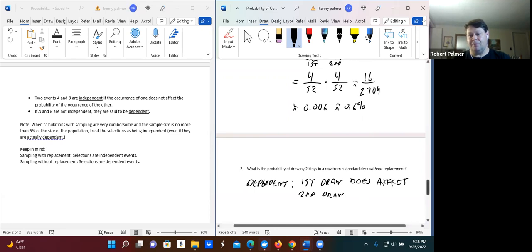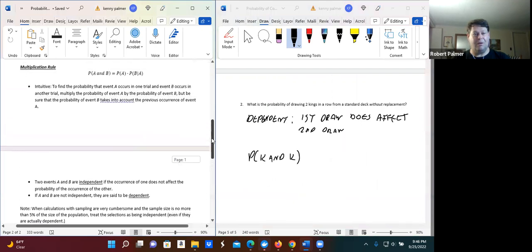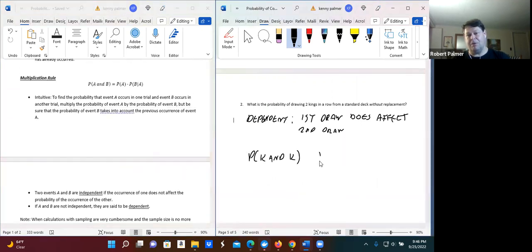And we'll see how. Okay, so this time the probability of a king and a king. So if we write it kind of the way it's shown here, this is going to be the probability of a king times the probability of drawing a king on the second draw, given that I drew a king on the first draw.